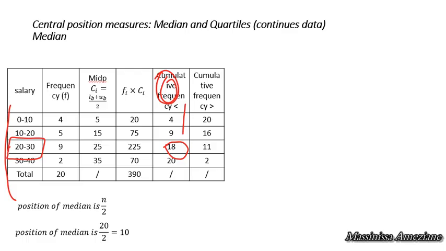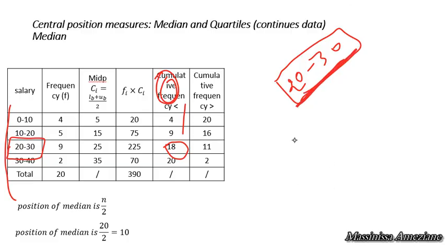Now we have the median class, but we want the median as a value. So the only thing we know for the moment is that the median is somewhere between 20 and 30. So that's what we know. So how to find exactly where is the median inside this interval?